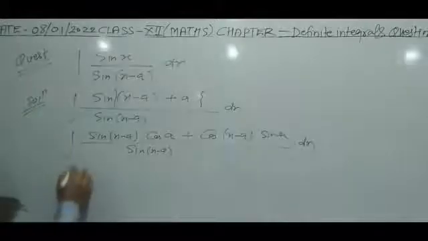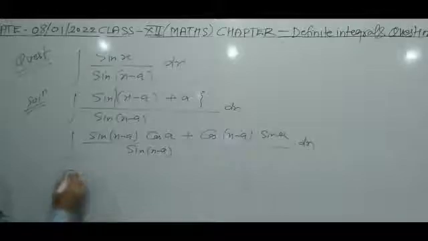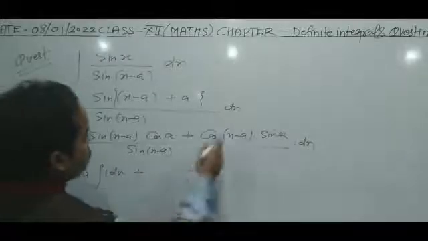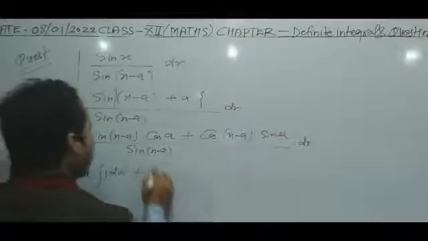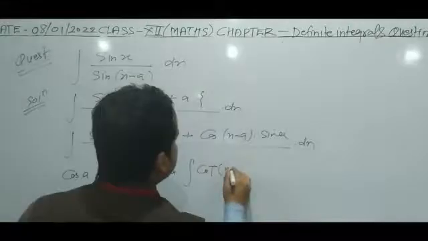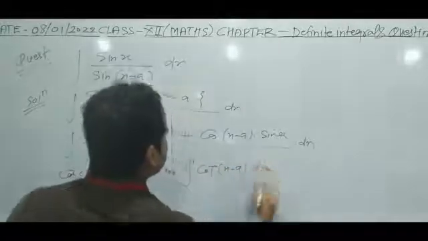After calculation, this result will be cos of a integration over 1 dx plus sin of a integration of cot of (x minus a) dx.